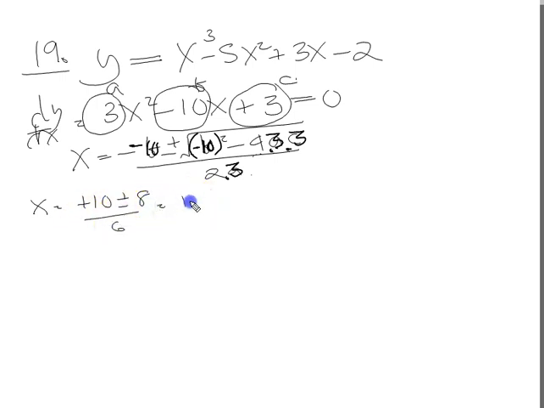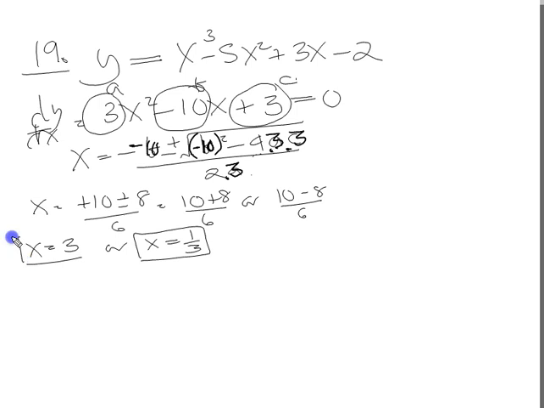So you got 10 plus 8 over 6, or 10 minus 8 over 6. So you've got 18 over 6, x equals 3. Or you've got x equals 1/3. 2/6 is 1/3, okay? So there's our two turning points.